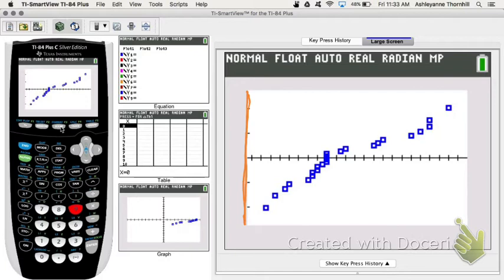So your x-axis is going to be the, what is my x value? Like, what am I measuring? My context. What do the numbers represent? Hours spent studying. So hours spent studying.